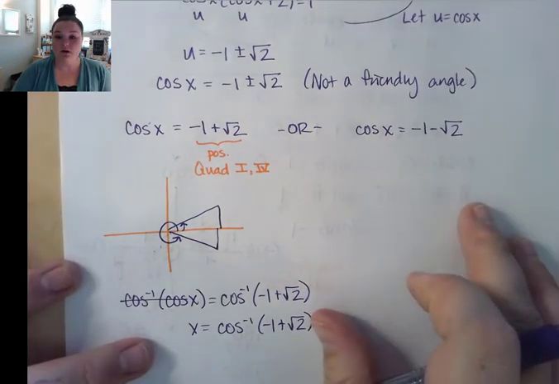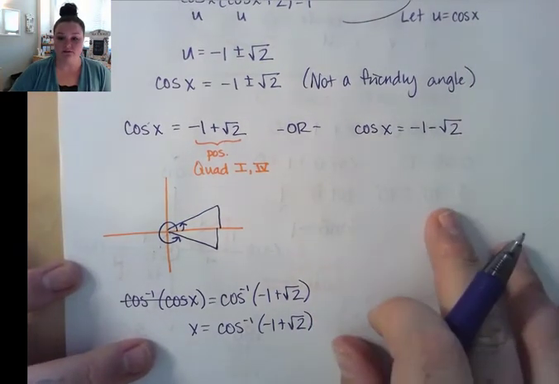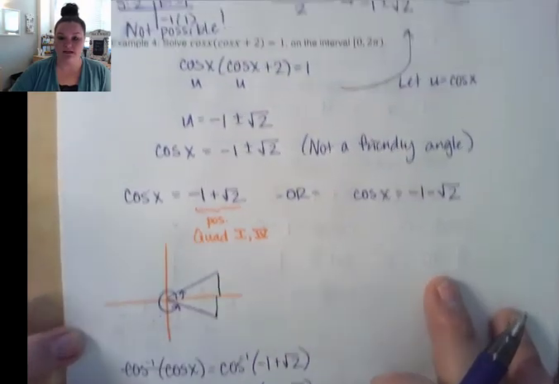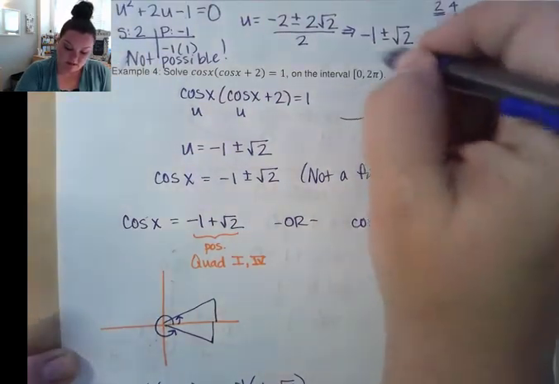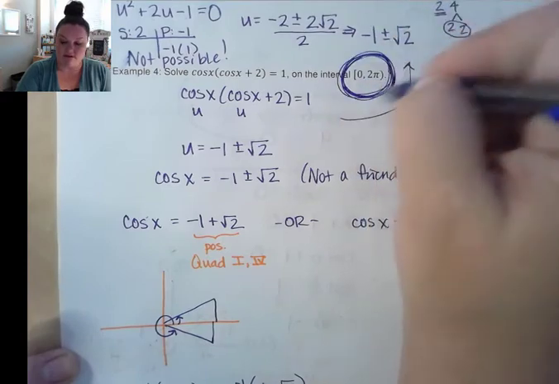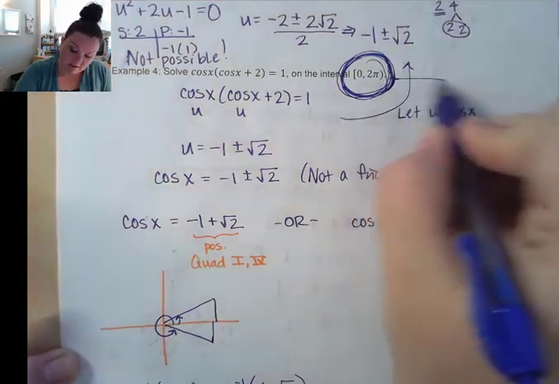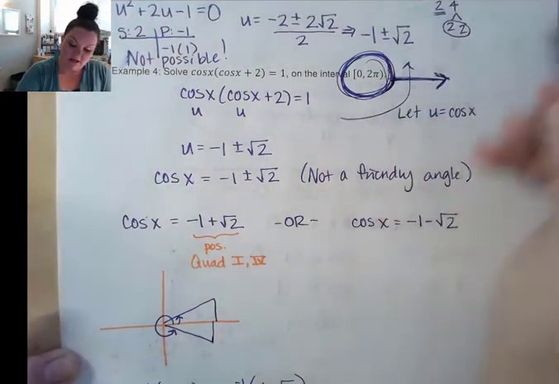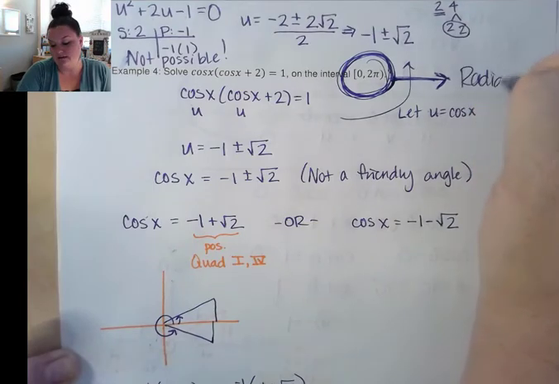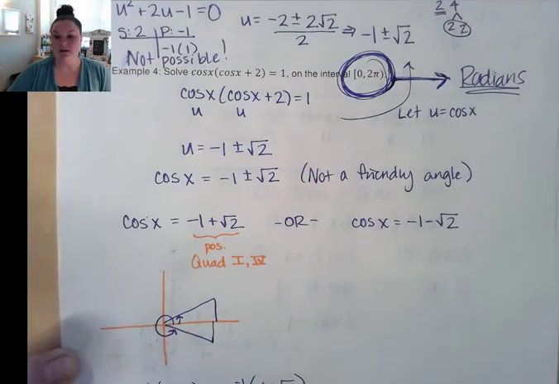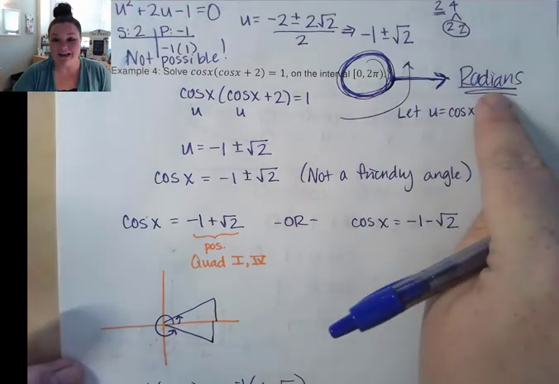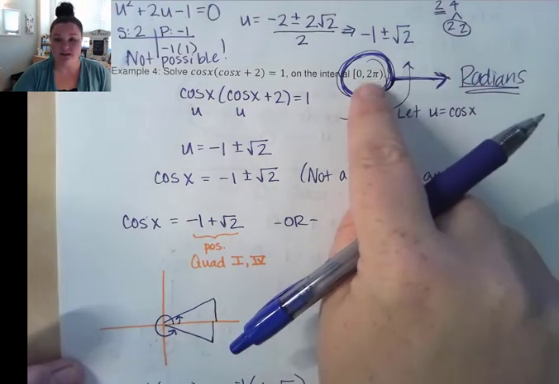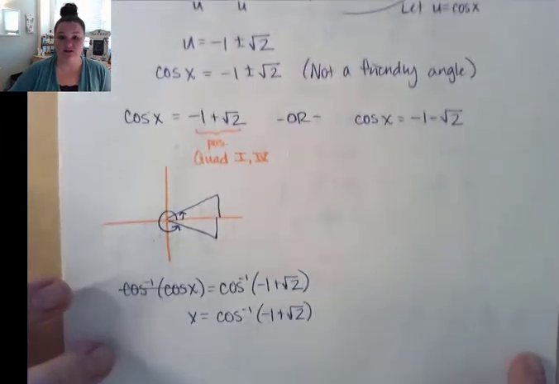Now, remember, on this one, let me just scroll back up for a hot second. Remember, on this one, this is the interval that they gave us, right? So what that tells me is that we are talking about radians. Okay, so make sure when you calculate this, your calculator is in radian mode to ensure that it is written in the way that our answer needs to be.